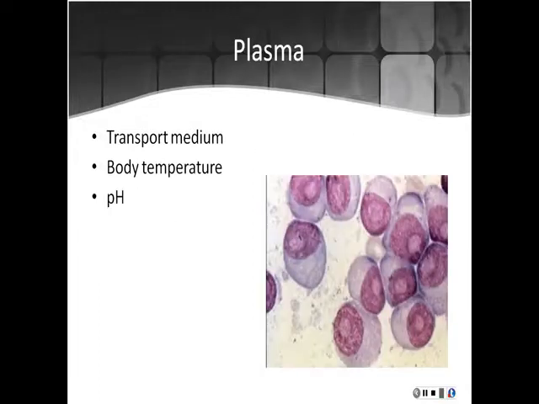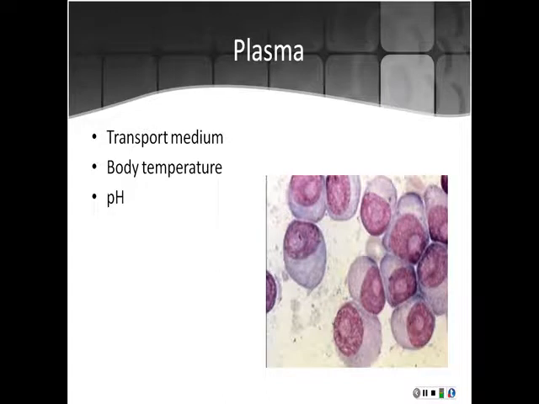So first, plasma. So plasma is about 90% water and is the transport medium for nutrients, waste products, hormones, electrolytes, enzymes, as well as gases. Plasma also plays a role in clotting and immune function as well. Some of the plasma proteins are clotting factors, globulin and fibrin. These proteins circulate in the plasma until they're activated.